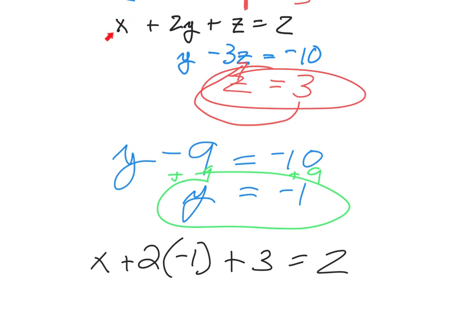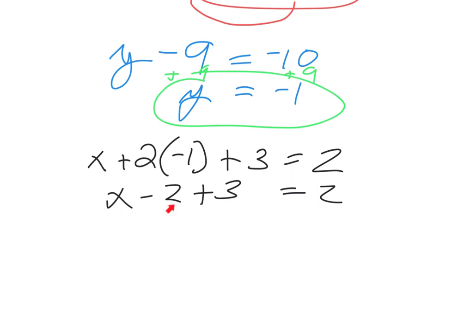But I took this equation, x, down here, x, 2y, 2 times negative 1, because I just found that for the y. Z is 3. And then, just going to do my math on that one. X minus 2 plus 3 equals 2.